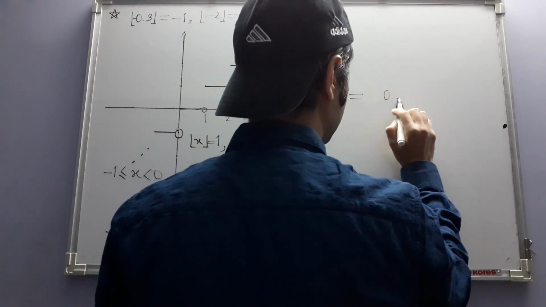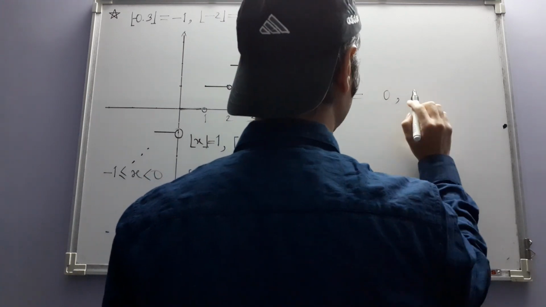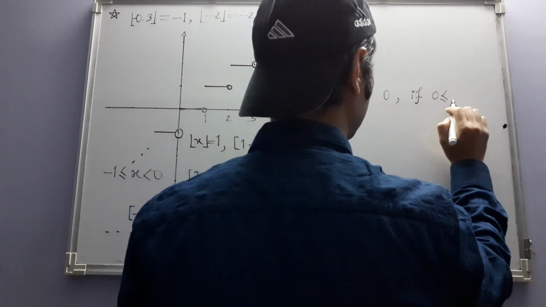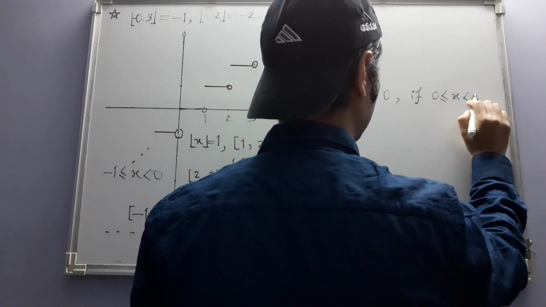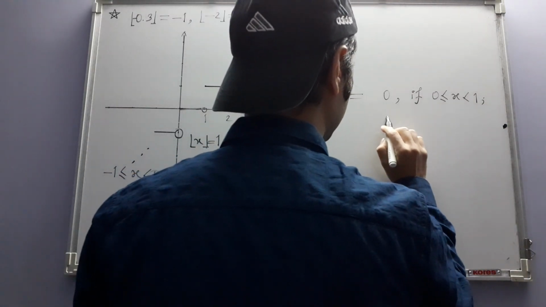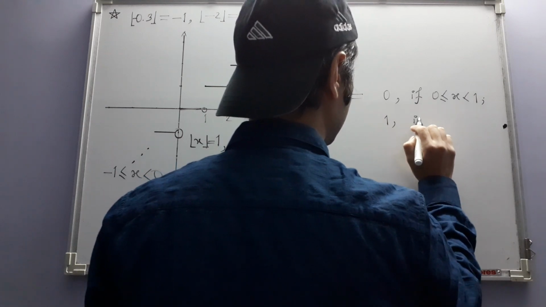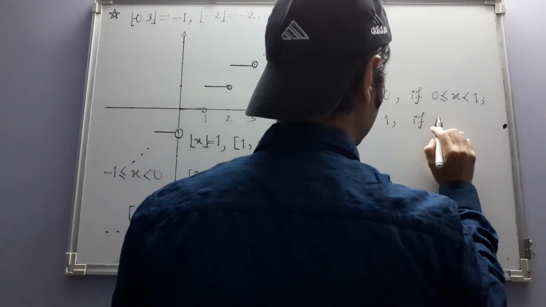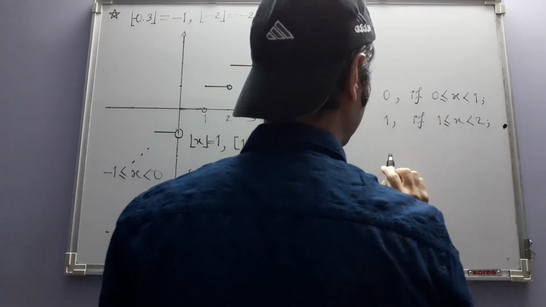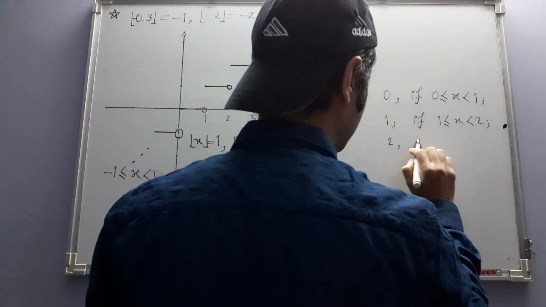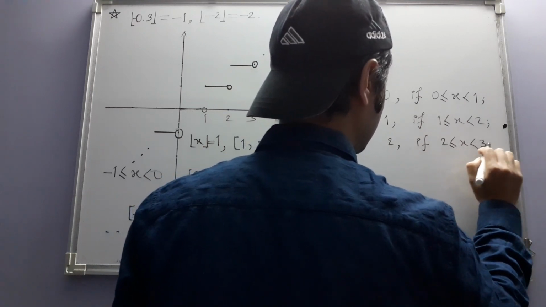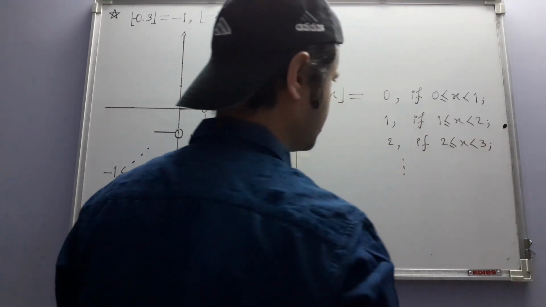The function is defined to be 0 if x lies in this interval, it is defined to be 1 if x lies in this interval, it is defined to be 2 if x lies in this interval, and so on.